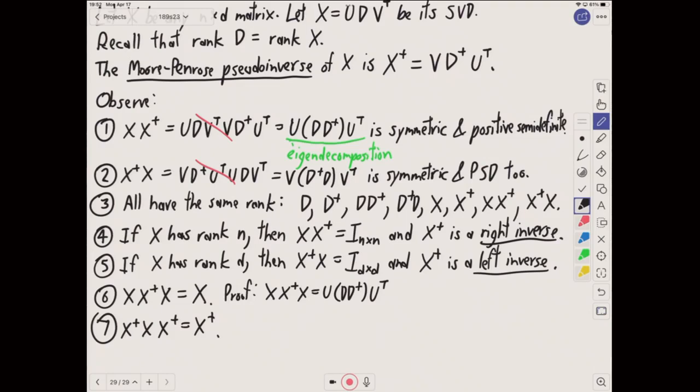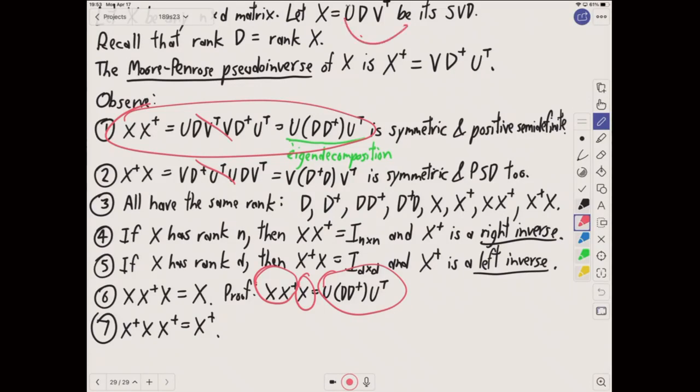taking this from the fact that this is equal to this is something we proved here. And then that leaves us with this other X, and there we're just going to plug in the SVD here.